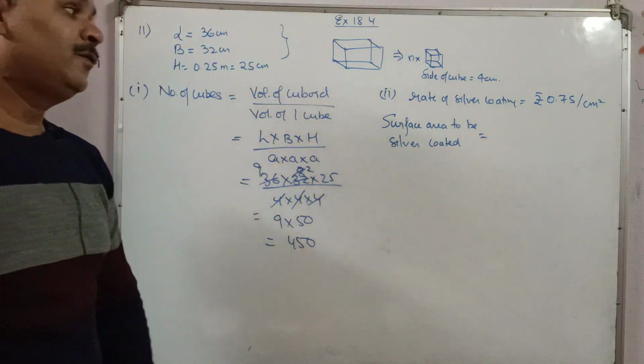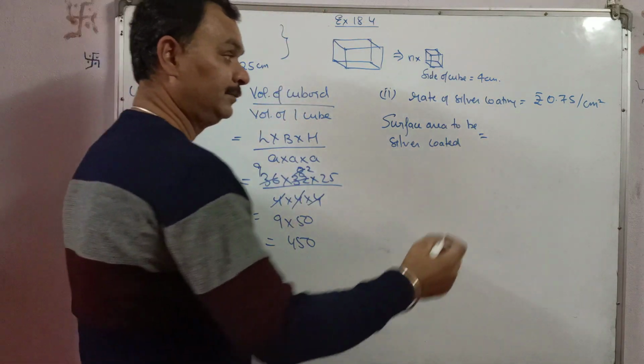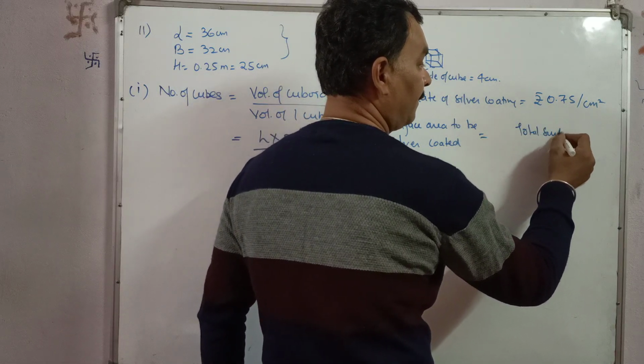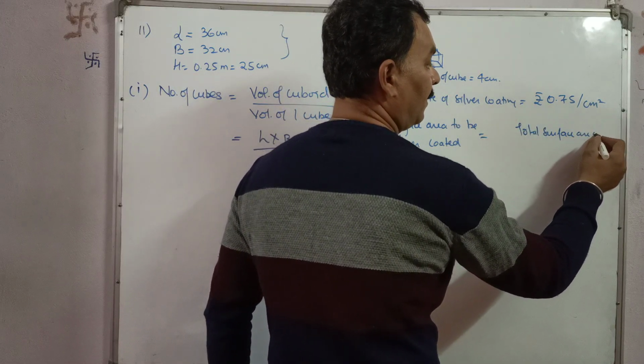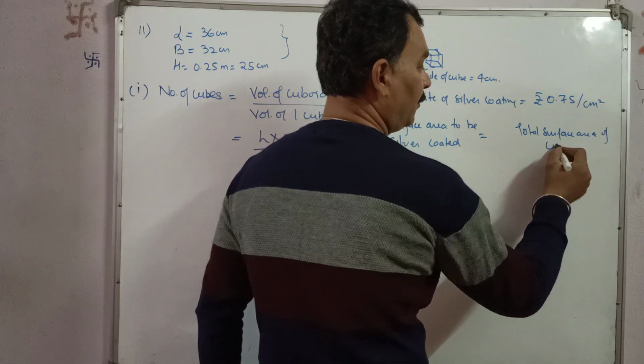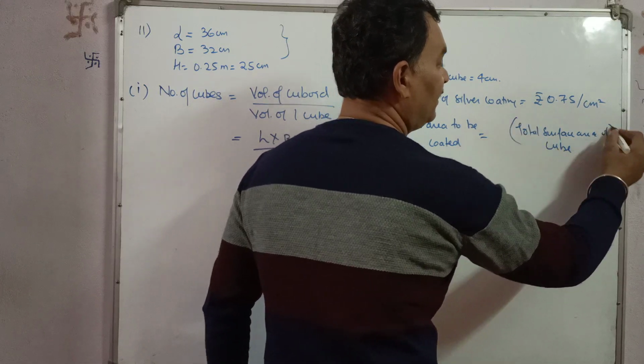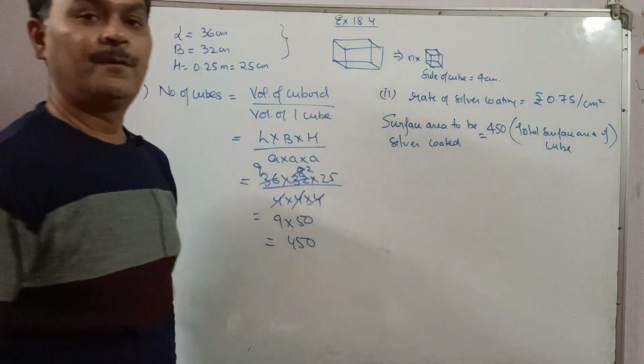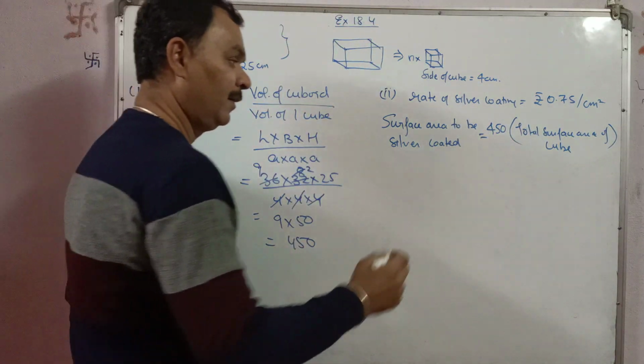Now the surface area to be silver coated is the total surface area of the cube, and since we have 450 cubes, we will multiply by 450.